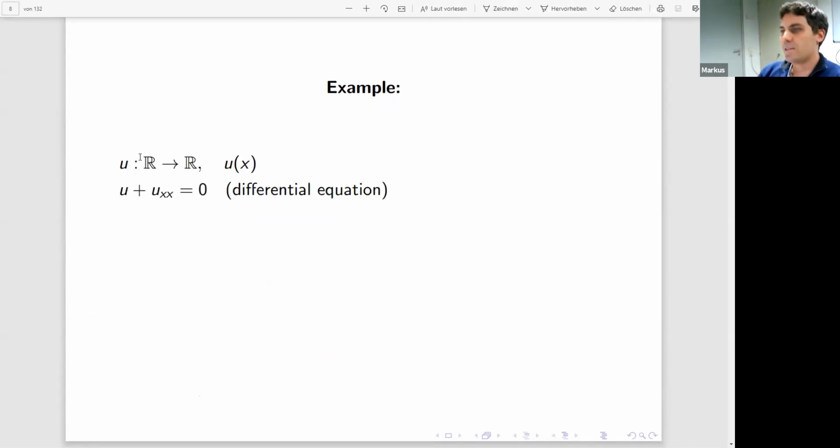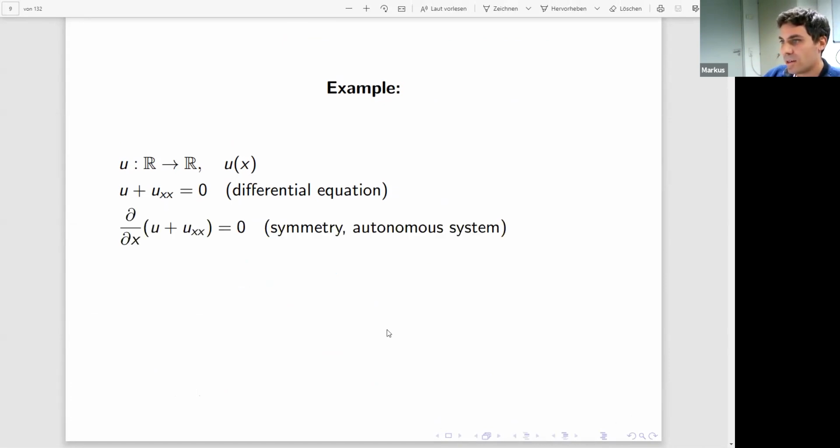Okay, so let's consider this very easy differential equation here. u plus uxx equals 0. So this is, of course, the second derivative of u. And this equation has some symmetry, namely it does not explicitly depend on the x coordinates.